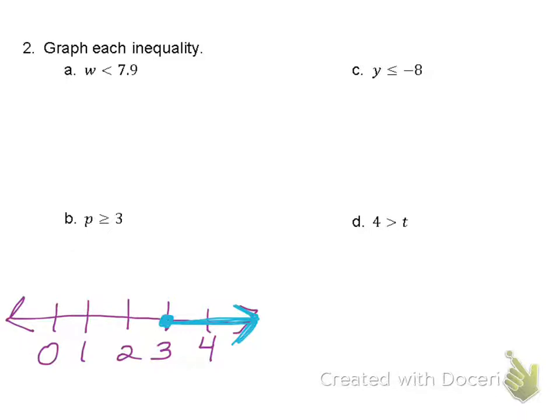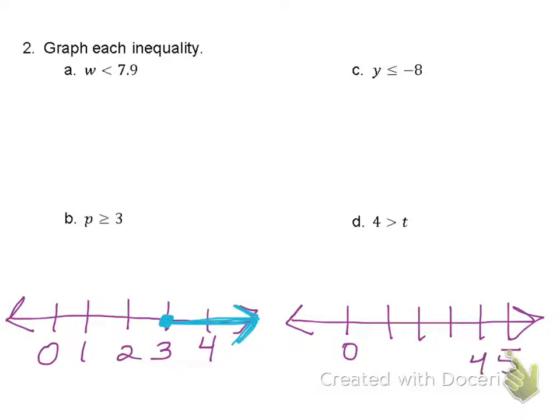And that's it. And then the last one, I have a 4 where my point's going to be. So I'll do 0, 1, 2, 3, 4, 5. Okay, and my circle this time is going to be open because there's no line under my inequality.